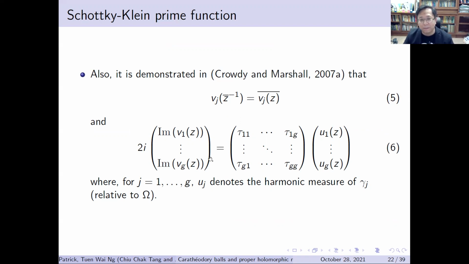Now equation 6 tells you the relationship between the first integral and the harmonic measure in Wang and Yin's condition. So they are related by this matrix here. All these are useful for our proof.